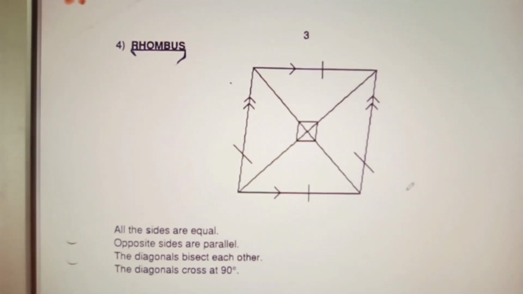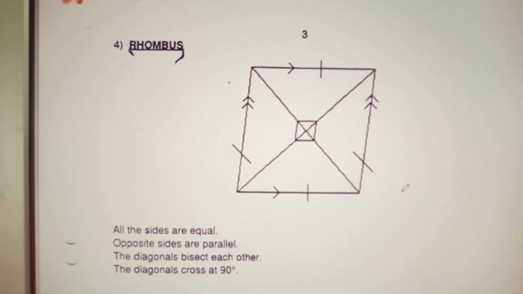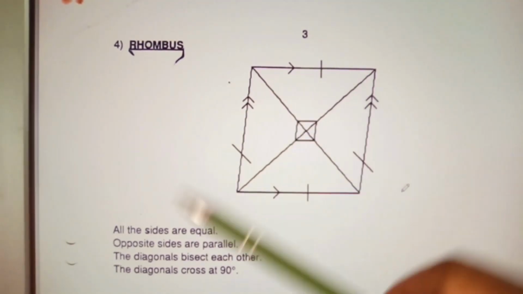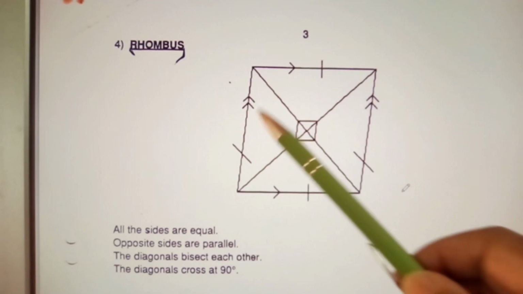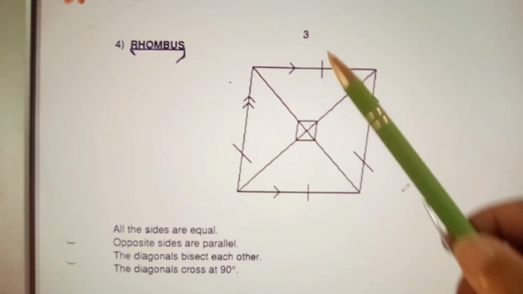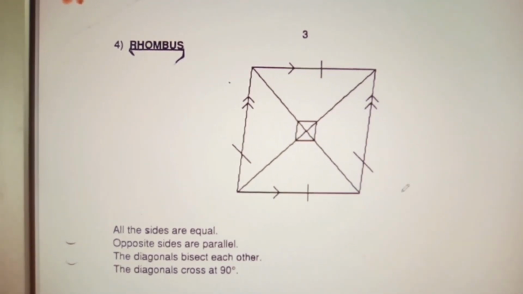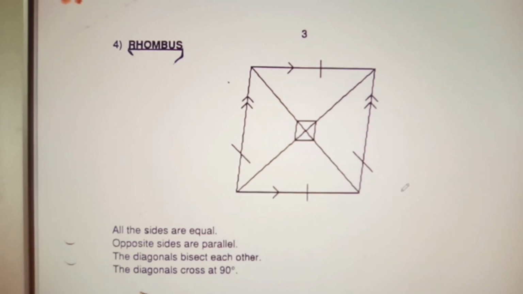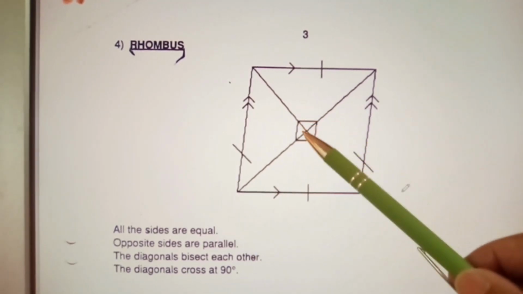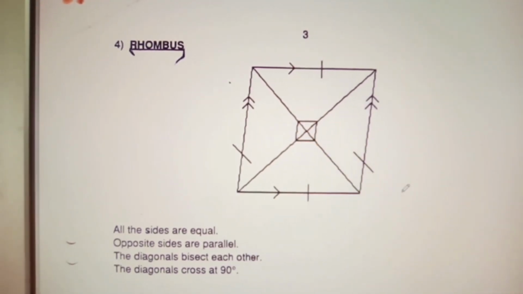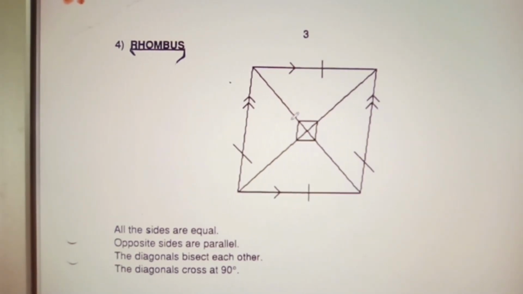It was similar to the square, isn't it? All the sides are equal. Opposite sides are parallel. The diagonals bisect each other. The diagonals cross at 90 degrees. And here you can see again what I've shown you earlier, that it will bisect at 90 degrees. So you almost look at this as a square.